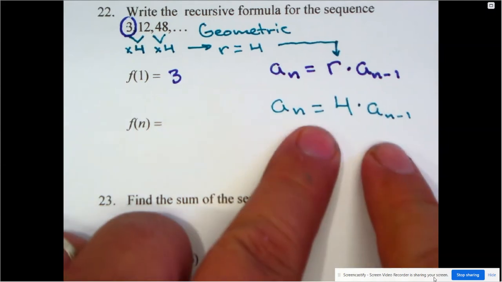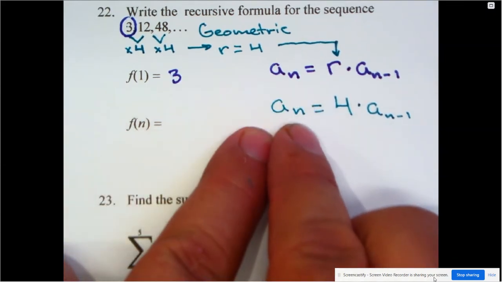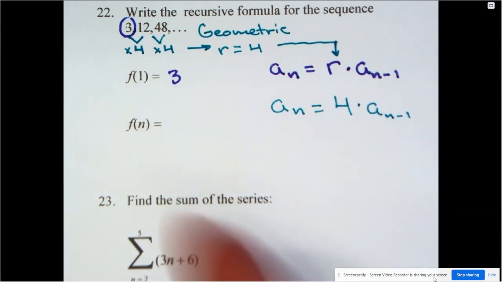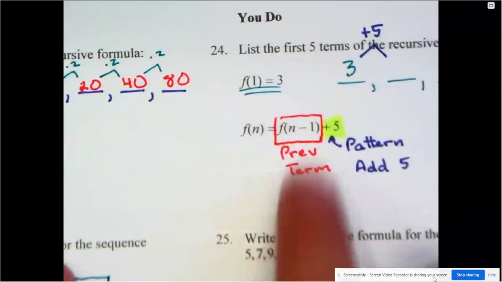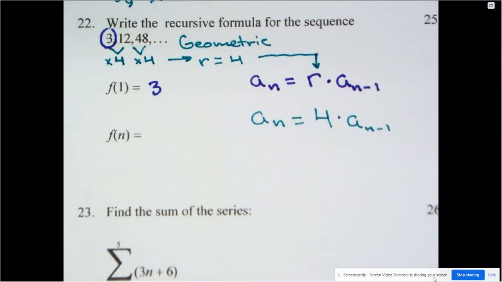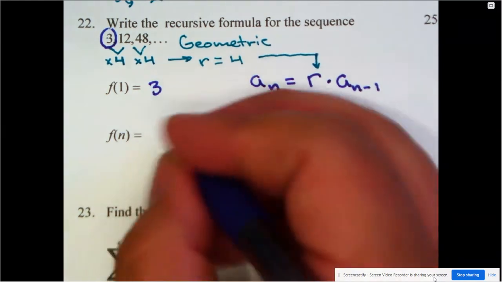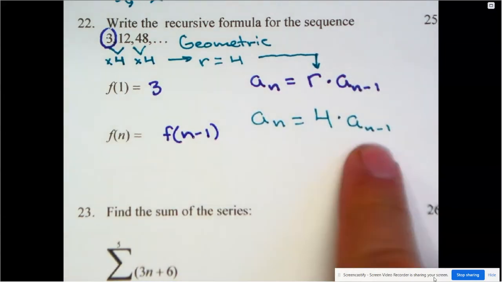Now, here's the issue. This says F of n, not A sub n. So it's going to be a quick fix. Remember how in these problems over here, they put F of n minus 1, F of n minus 1 on these two? Then I'm going to bring that into this problem. F of n minus 1. So there's that n minus 1 that we saw here.